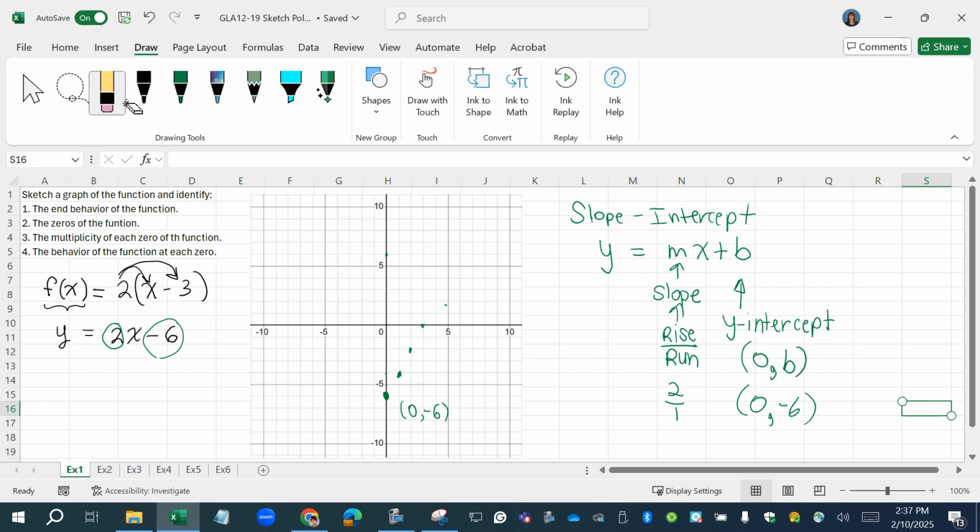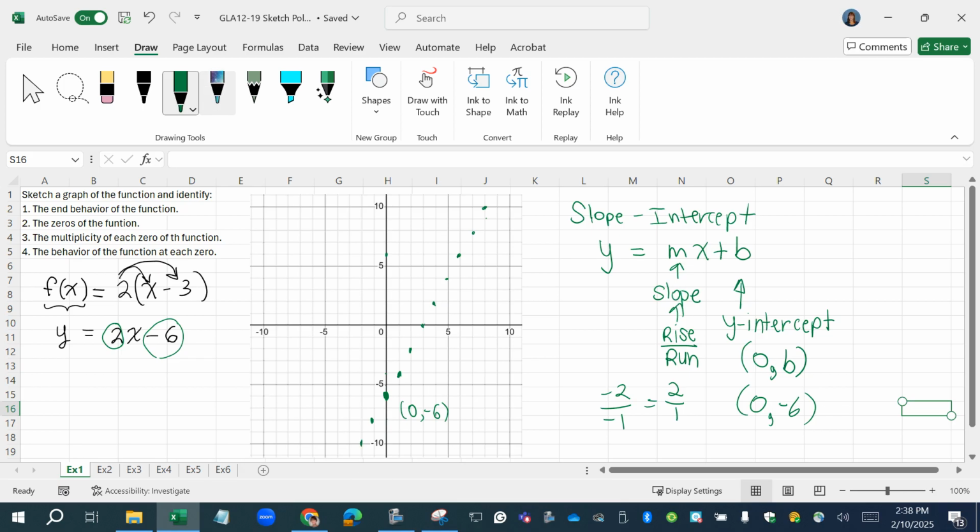And I kind of messed that last one up. Let me do this. So if I keep on doing this, up 2 and over 1, you'll see my line forming. Since the slope is positive, I could also do down 2 and backwards 1, because a negative divided by a negative is a positive. So from that first point, I could have gone down 2 and backwards 1.